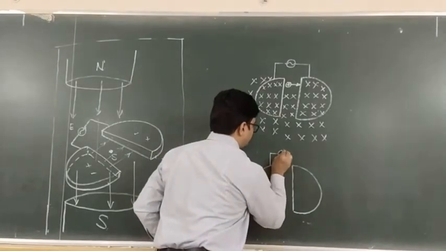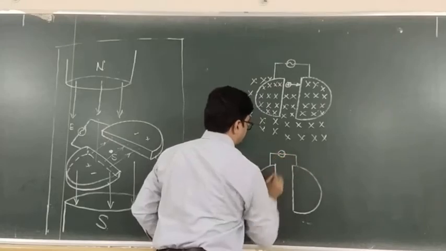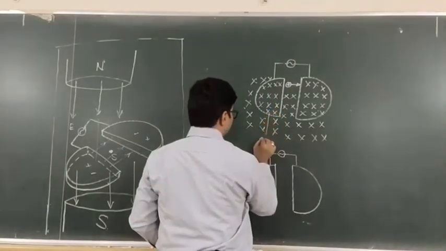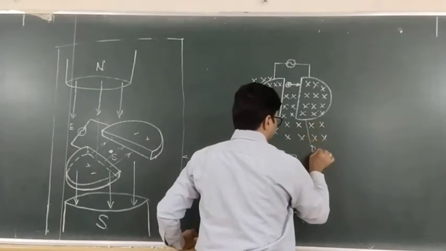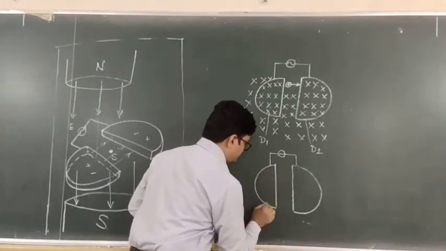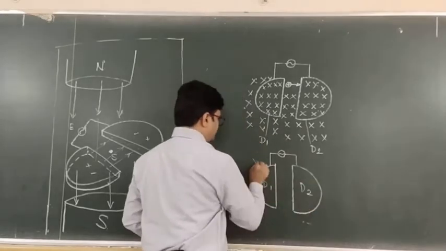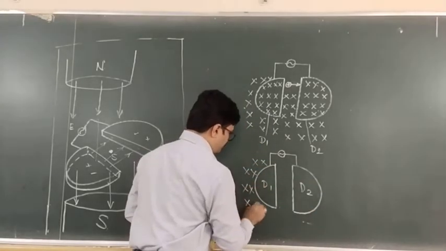Same electric field has been shown, and I am marking this as D1, this as D2. Similarly here I am marking this as D1, this as D2, and here we have magnetic field which is being shown like this.